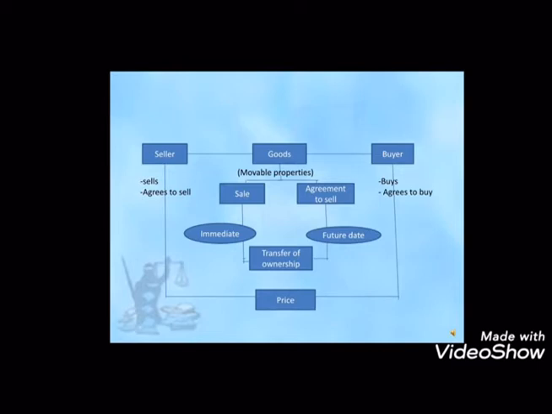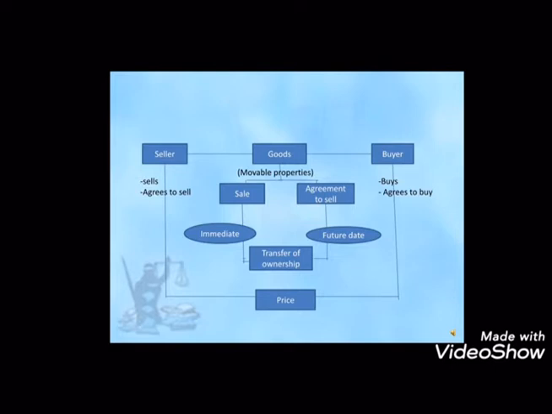But when the seller signs an agreement to sell the goods to the buyer for some future date, the transfer of ownership to the buyer is not absolute but conditional, because the buyer has not given a consideration amount of money to the seller.